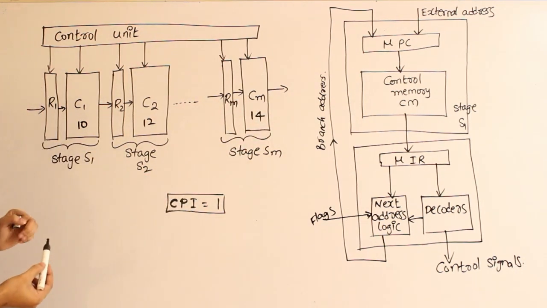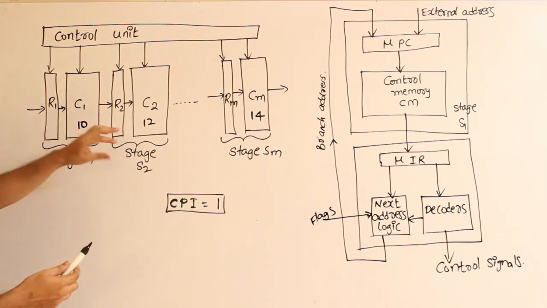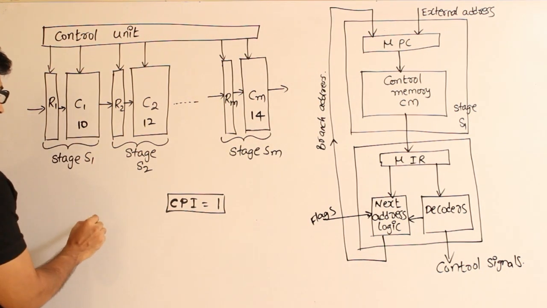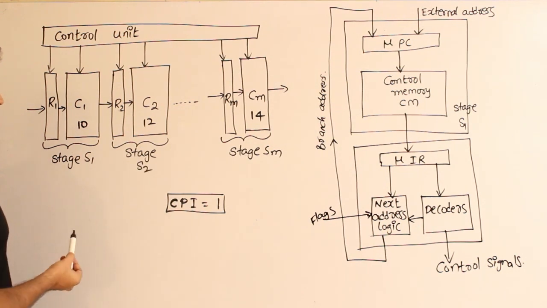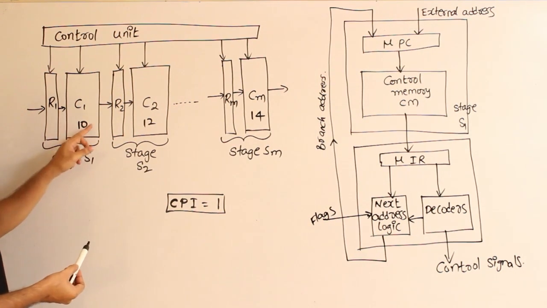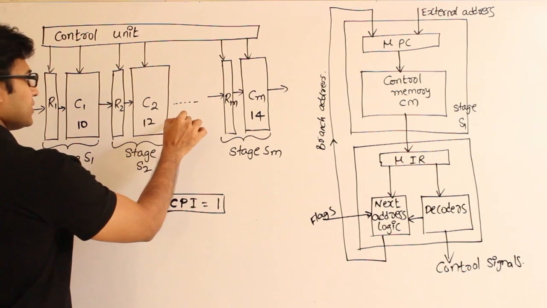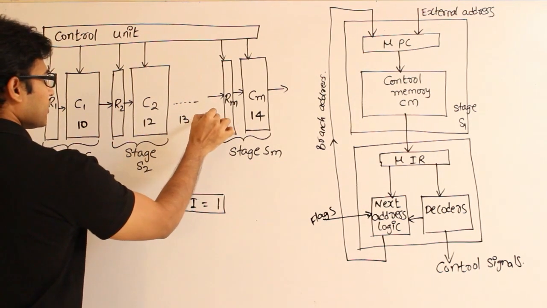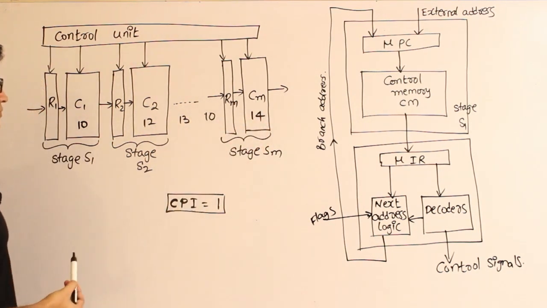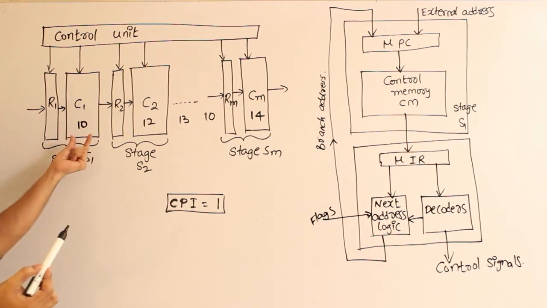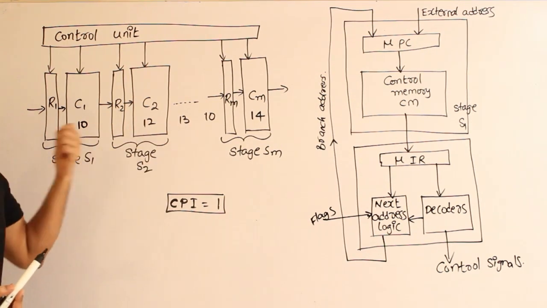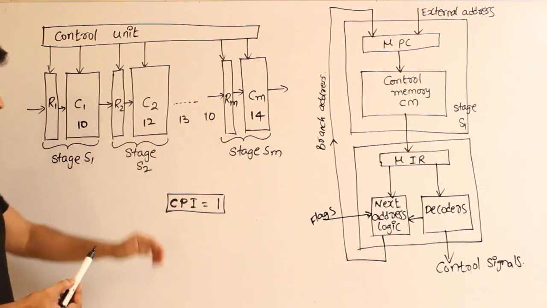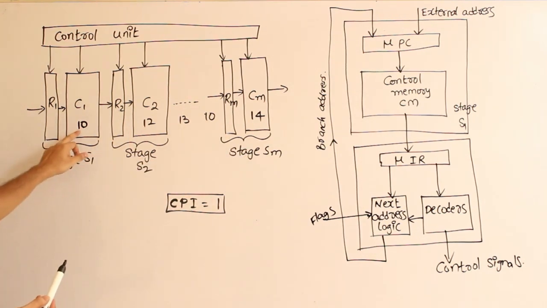Assume that we have 5 stages here instead of m stages: stage 1, stage 2, stage 3, stage 4 and stage 5. First one is 10, then 12, let us say 13, then 10, and then 14. I'm just assuming that there are 5 stages, and each stage's functional unit takes some time.